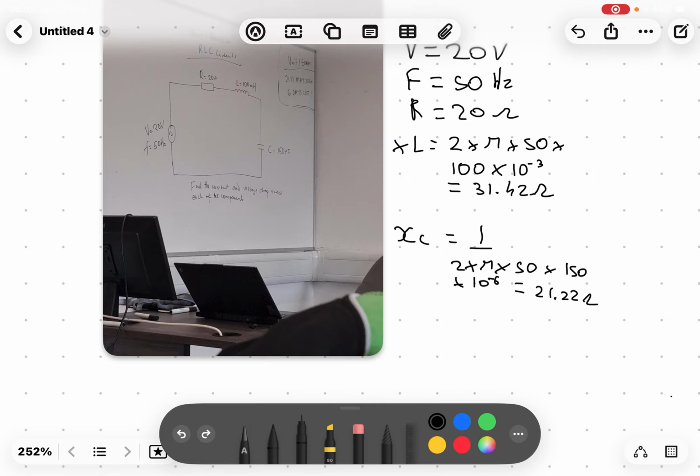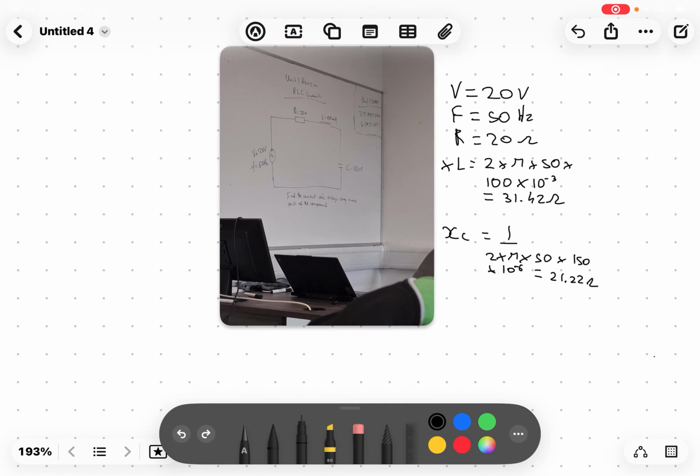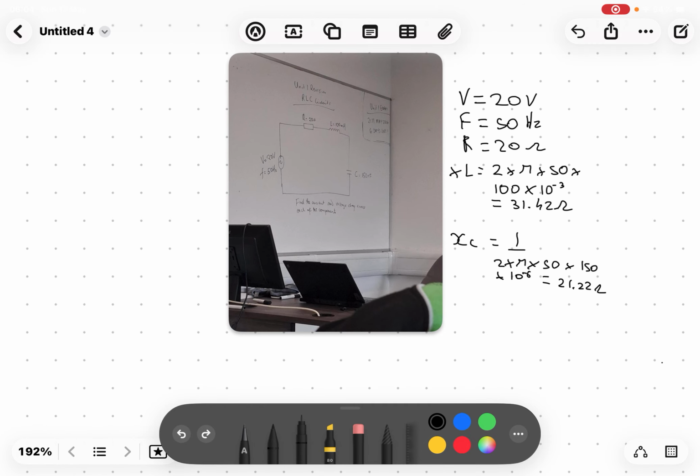After that, since we got these two, we have to use Ohm's law next. So we have basically the resistance of all of these, and Ohm's law says that I equals V over R. However, because we can add them all together, but at the same time we can't, instead of R we're gonna use Z. I can't remember what it's called, maybe impedance.